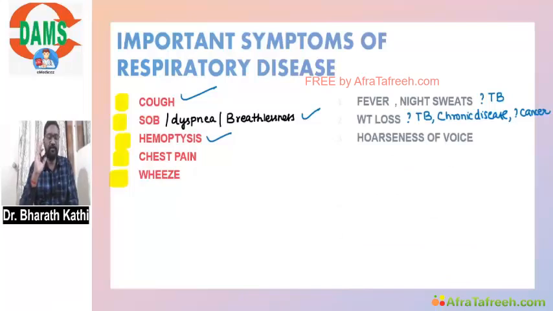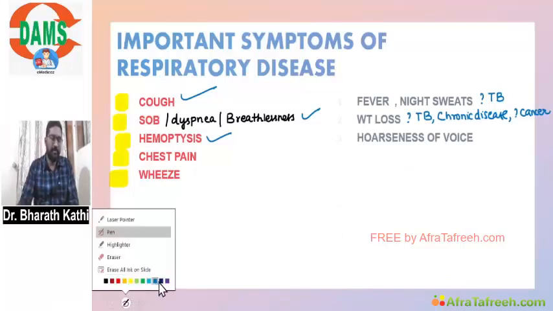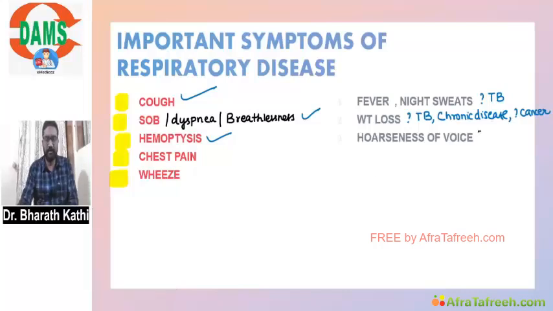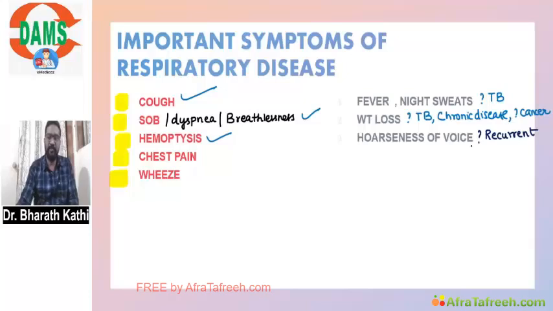So you should also ask whether hoarseness of voice is present or absent in a given patient. So why hoarseness of voice is very, very important? It can indicate recurrent laryngeal nerve palsy. So this recurrent laryngeal nerve palsy, it is a feature of malignancy.